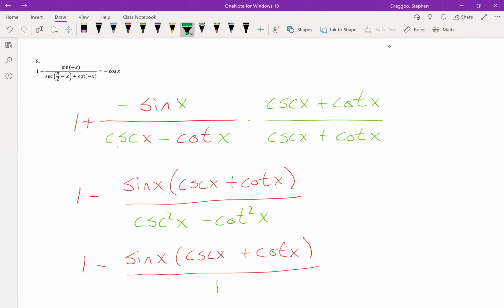I'm not going to distribute the numerator, I'm just going to use difference of squares in the denominator to say that cosecant minus cotangent times cosecant plus cotangent is cosecant squared minus cotangent squared. Also, I have moved this negative sign that used to be in the numerator to be out in front of my fraction.